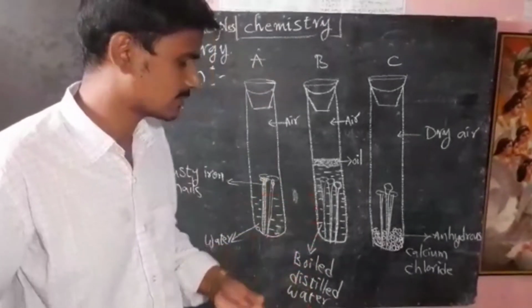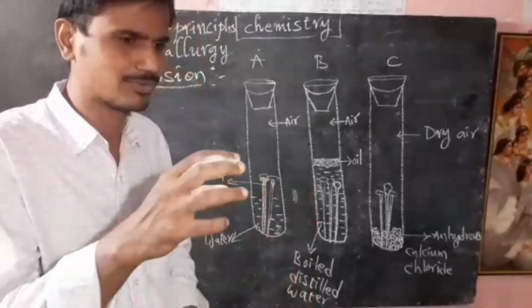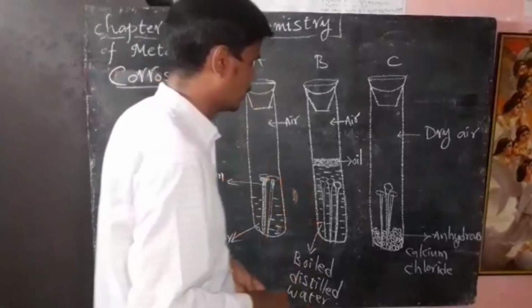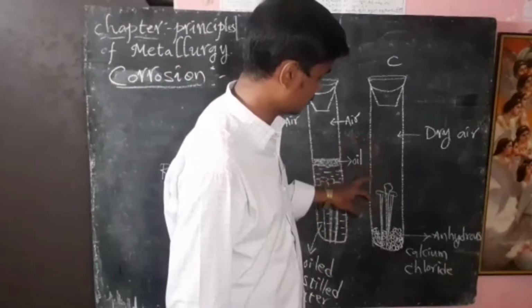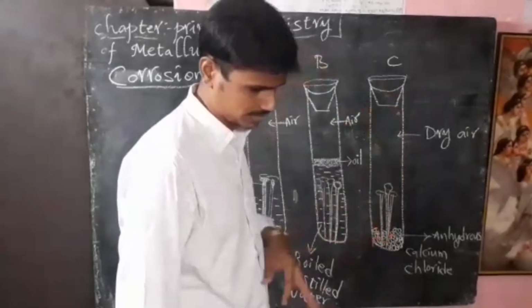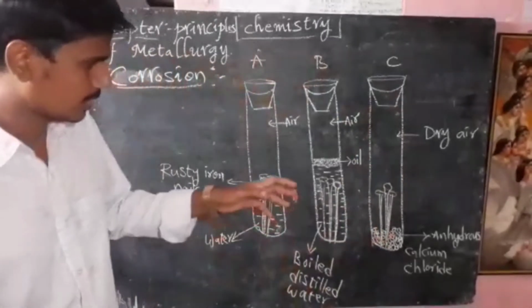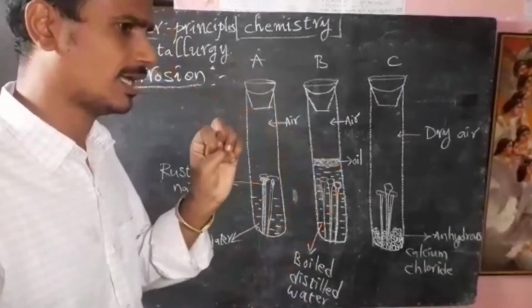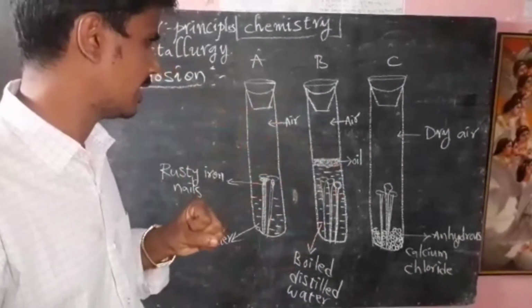So this calcium chloride absorbs moisture in the air. So test tube C contains only dry air, not moist air. Why? Because the anhydrous calcium chloride we used absorbs the moisture from the air.